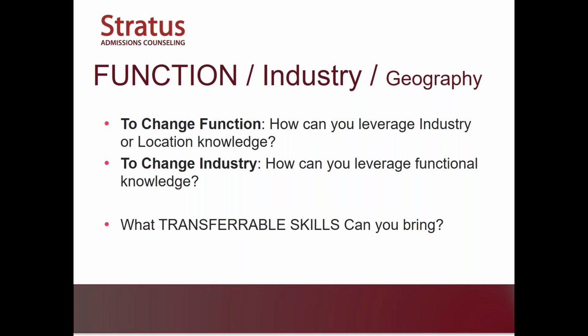If changing industry, you could work as a product manager in tech and potentially look to change into, say, retail and consumer goods, or vice versa. And this might be moving from a product manager of a small ed tech firm to a product manager of a company like WeWork. So you're doing the same type of function, but in a new type of industry. And also you could change within an industry.